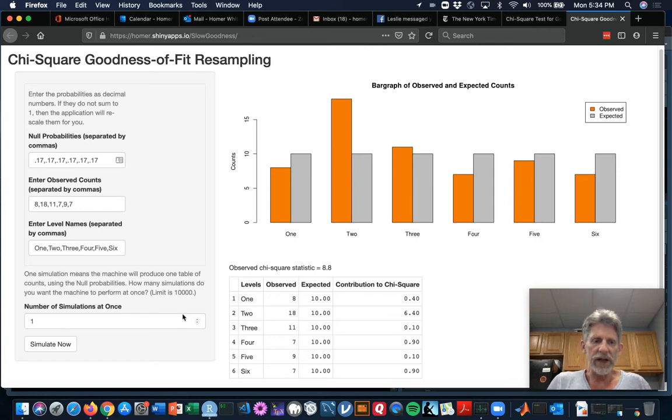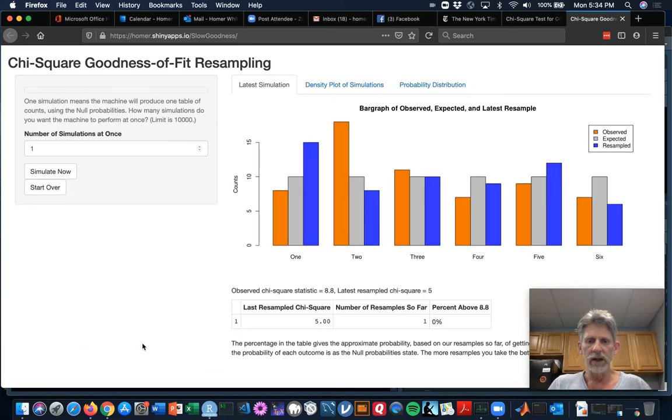But what we can do with this app is make it roll a fair die 60 times using this information you've provided up here, and we'll get a new chi-square statistic. So we'll simulate. So in this new bar graph, the orange still stands for what was observed. See these 18 twos.